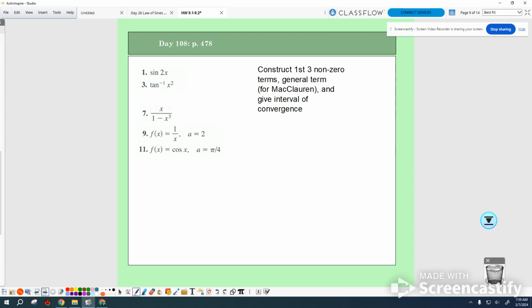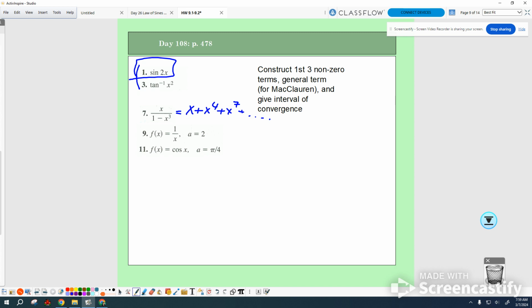Were there issues with this one? Hopefully this was just plugging stuff into the patterns. And interval of convergence, you can't quite do some of those yet. If it's a geometric, squish that between -1 and 1 and solve. Sorry.